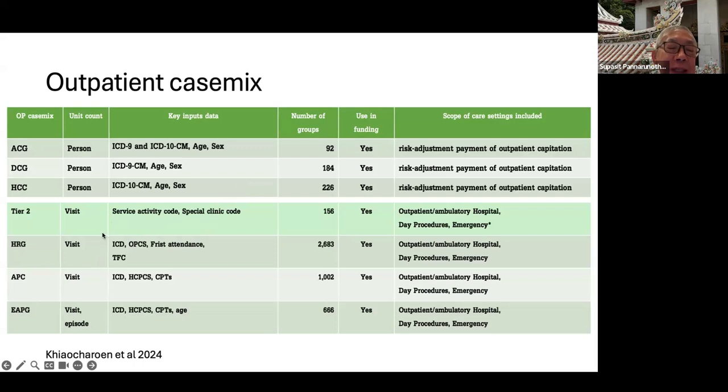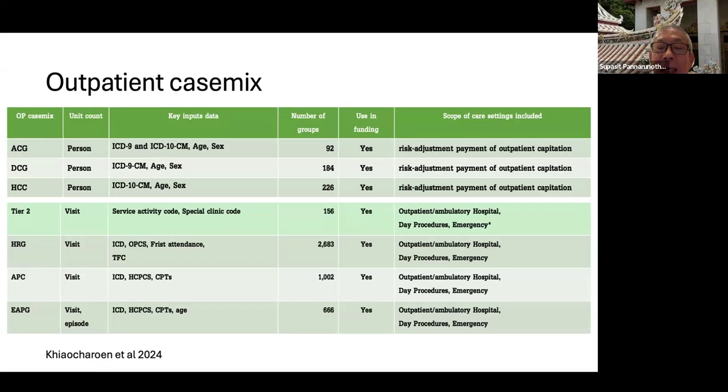Then we have to think about designing the information system. If one ID card can be used anywhere, the payment per visit outpatient case mix can be the alternative. It uses information to locate the location of service and the mode of coming for service, whether it is the first outpatient service or a follow-up service.